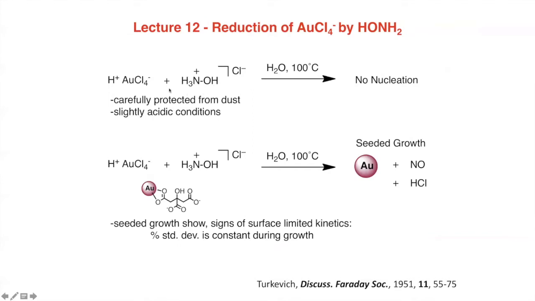And as long as you keep out sites for heterogeneous nucleation to take place, it turns out that hydroxyl ammonium chloride is not a very good reductant at 100 degrees in water. And so you can actually heat the salts with that stuff and you won't make particles. But if you add seeds to those reactions, now this reduction process can happen.